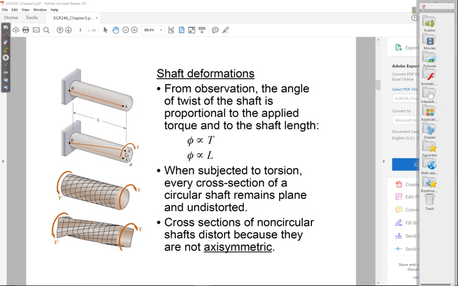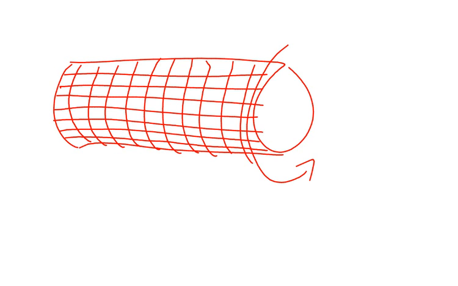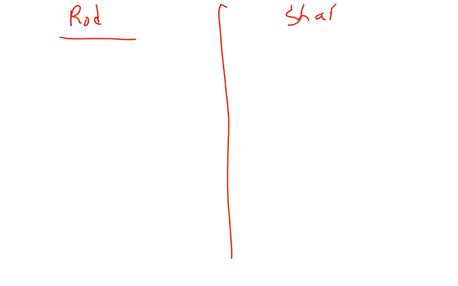Let me draw an analogy between what happens in the shaft under torsion and what happens to the rod under tension or compression. So here's the rod. Here, let me make two columns: one for the rod in tension or compression, and one for the shaft that's going to be under torsion or under shear.